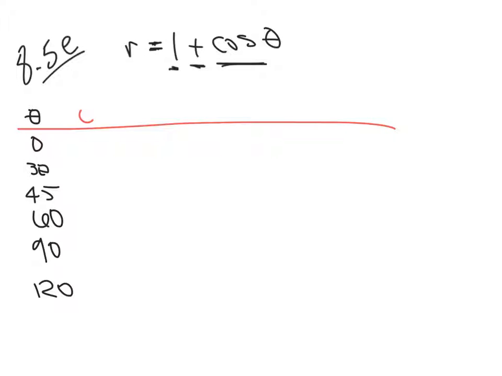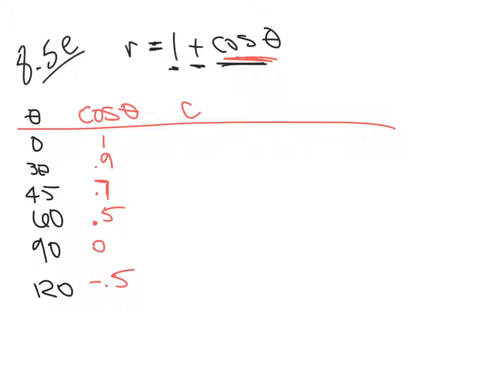The cosine of 0 is 1, cosine of 30 is 0.9, because we're just doing everything in decimal here. We don't need the radicals because we're going to graph it. It's harder to graph a radical than it is a decimal. Cosine of 90 is 0, cosine of 120 is negative 0.5.